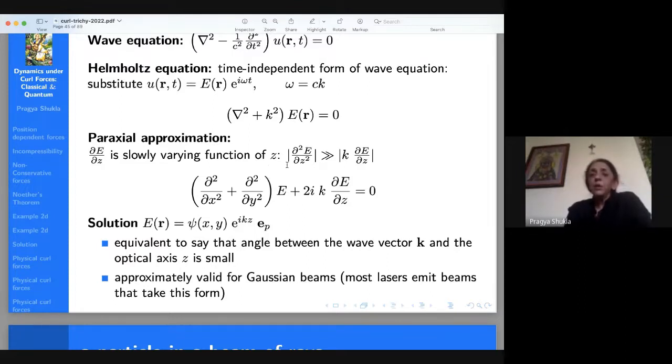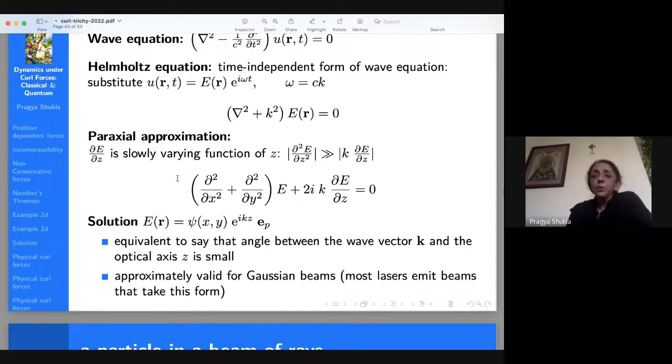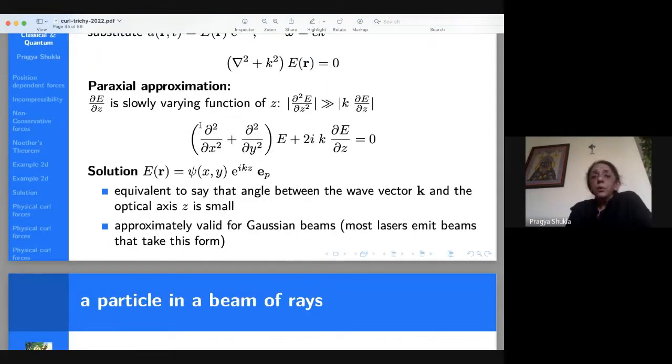If z is the axis of propagation, you assume the field varies very slowly, where k is the wave vector. This is the mathematical form. The physical statement is that all the variation of the electric field occurs in the direction perpendicular to the propagation. If you do that, you end up with this equation.